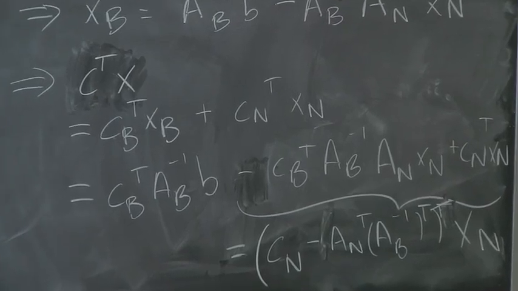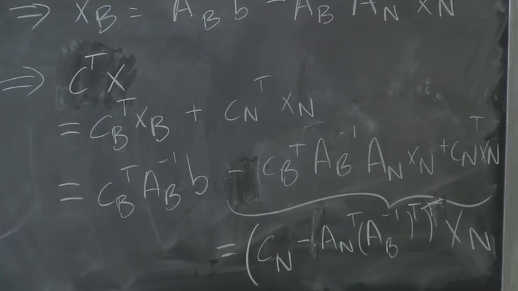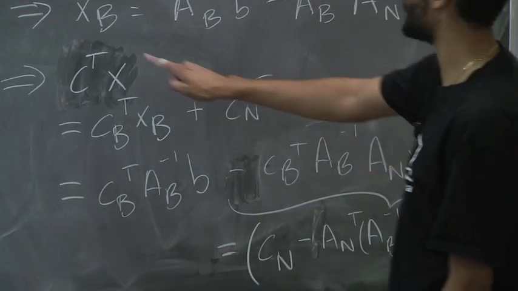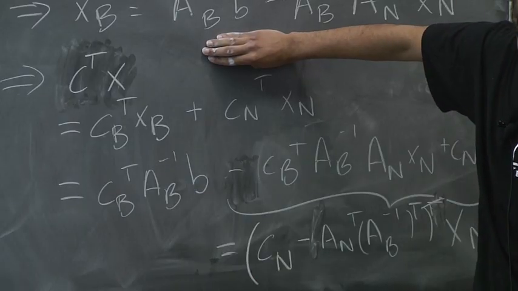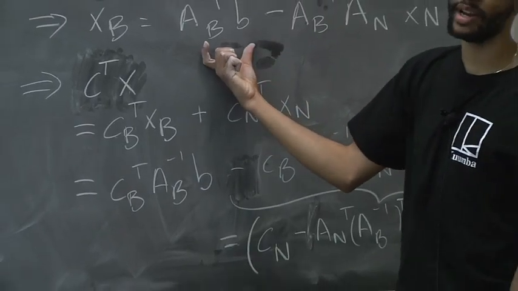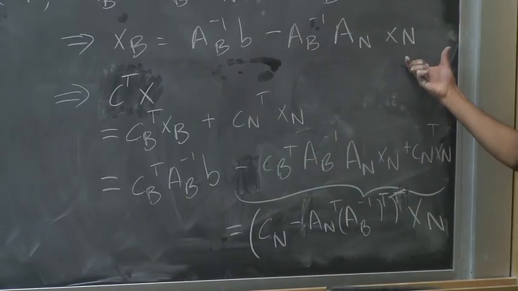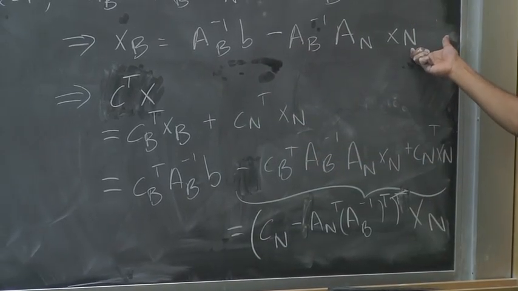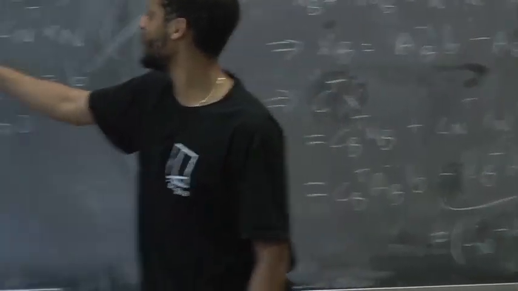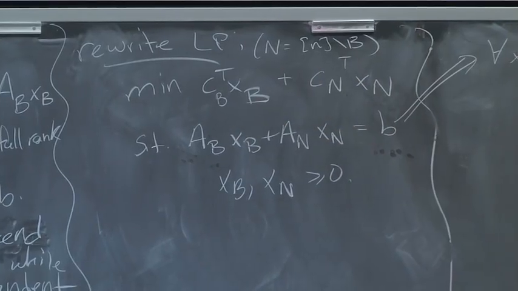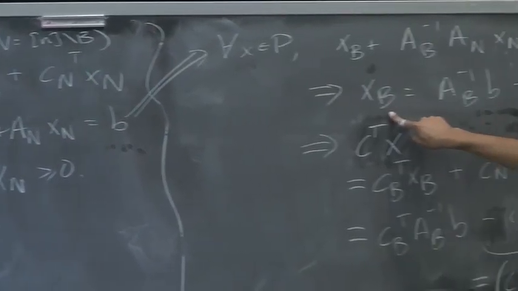Okay. So I just wanted to rewrite, using the fact that I can write xB in terms of something that's a constant, that doesn't depend on x at all, and then something that depends on xN. Now I want to rewrite this objective after I make the substitution for xB.